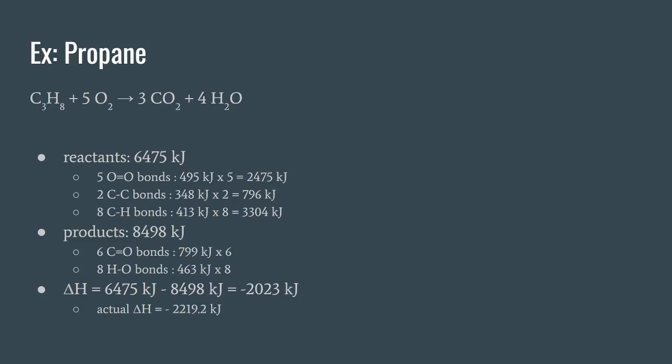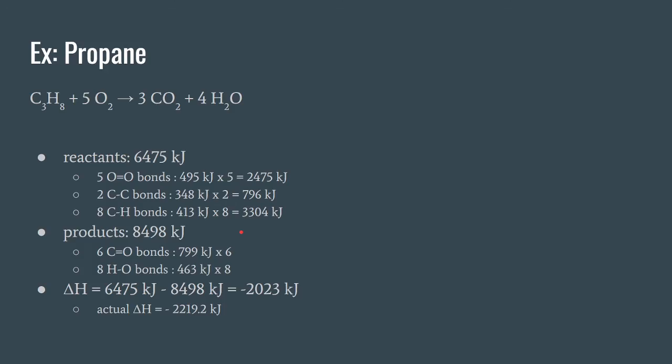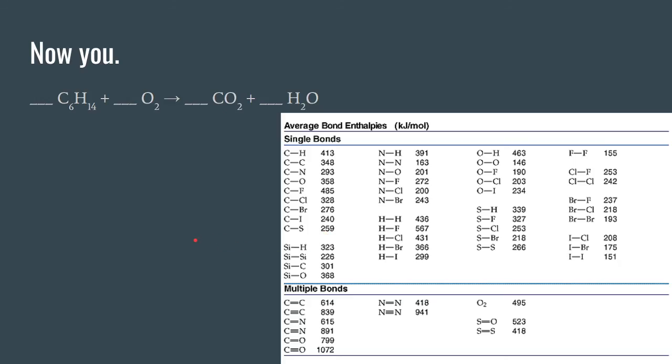That's a 10% difference. 10%, that's going to cost you points on anything. That's a whole letter grade, right? I mean, that is a pretty big difference. These are rough numbers. This is not something you're going to do for precision work. It's a rough guide.